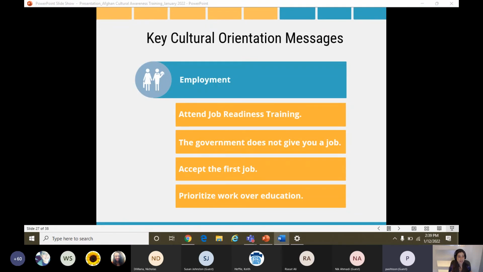They will need to be open to accepting entry-level jobs that will allow them to afford their household expenses. So you can learn more about the recertification process from services which have information specific to degrees from Afghanistan as well, in addition to types of programs that are available to newcomers from Afghanistan.